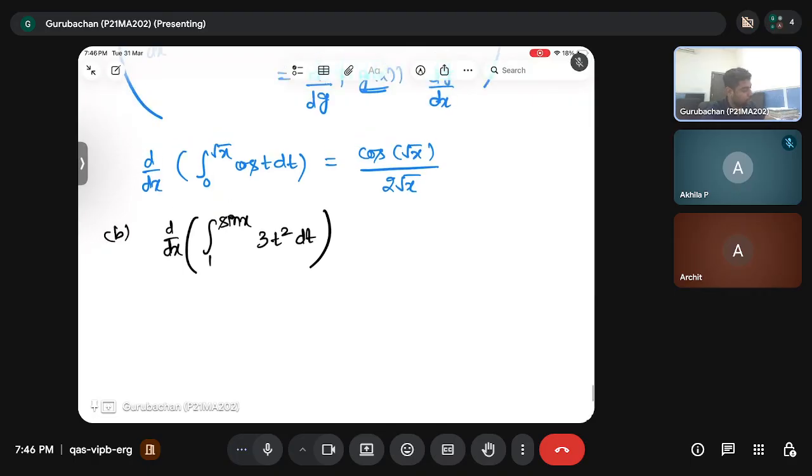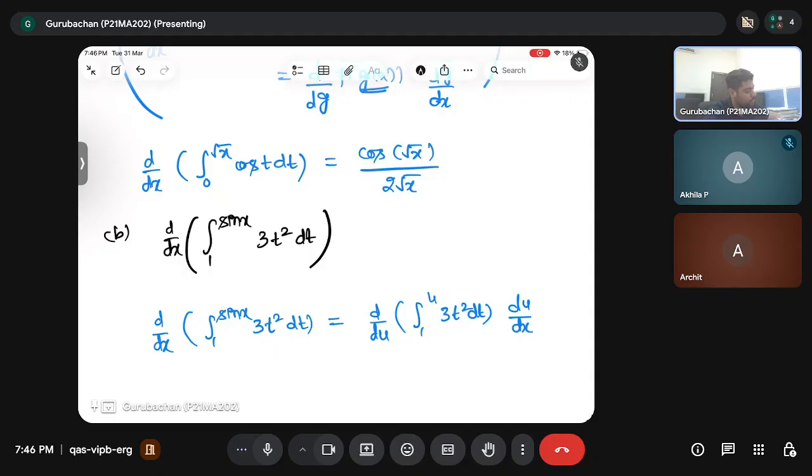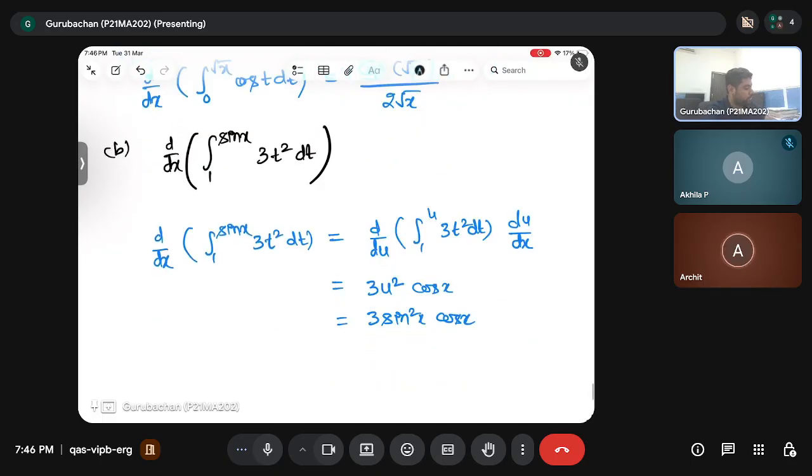So d over dx of sine cubed x can be written as d over du of u cubed times du by dx. So this will be 3u square, and du by dx will be cos of x, and this will be 3 sine square x cos x, right? Yes, sir.